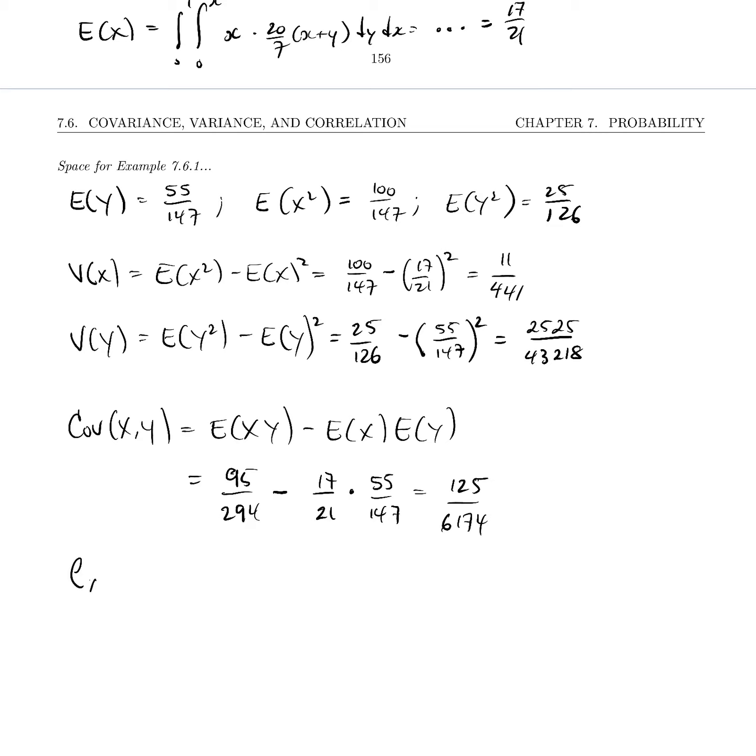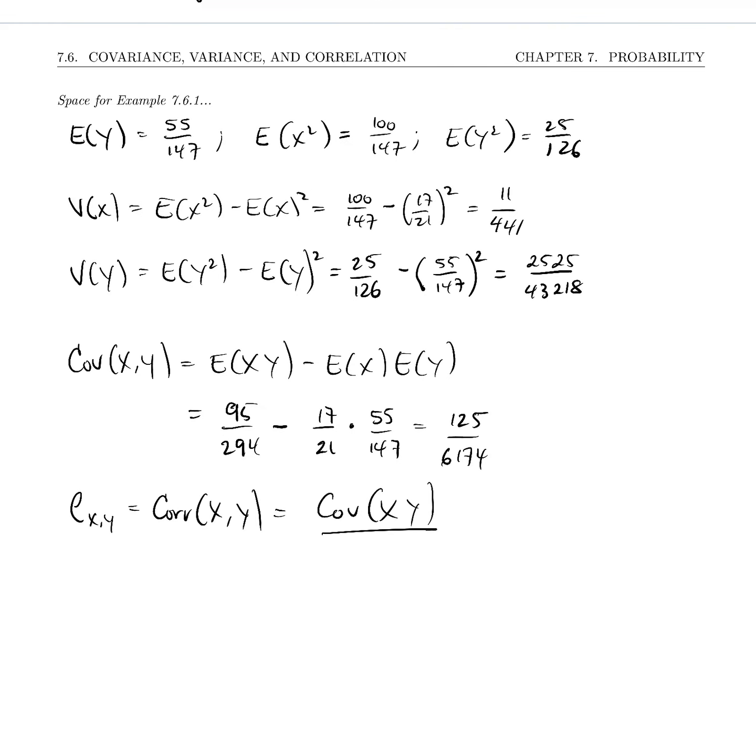And lastly, the correlation. So rho of x, y, which can also be written as the correlation of x, y. Well, it's the covariance of x, y divided by the sigma, right? The standard deviation of x and the standard deviation of y. And those standard deviations are the square roots of the two variances.